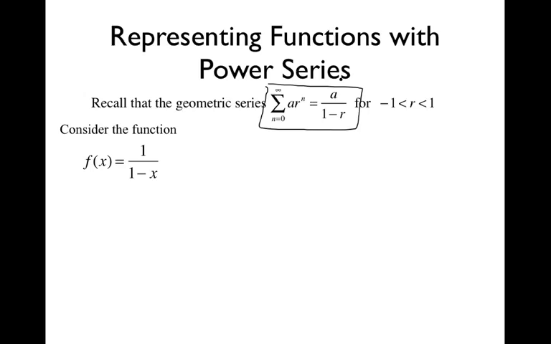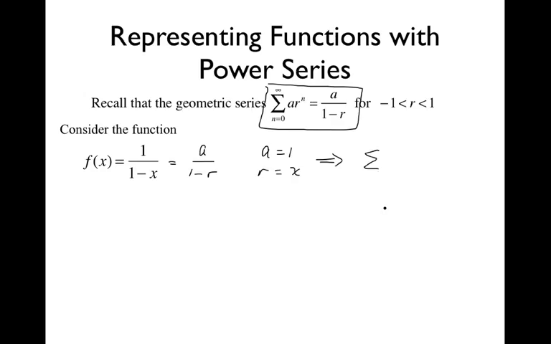Yes, sir? Yeah, so we can think of this as, do you see that that looks just like a over 1 minus r, right? Where a is what? A is 1, and instead of r, our r is x, right? So then that leads us to what power series?